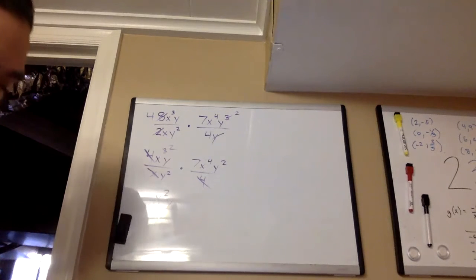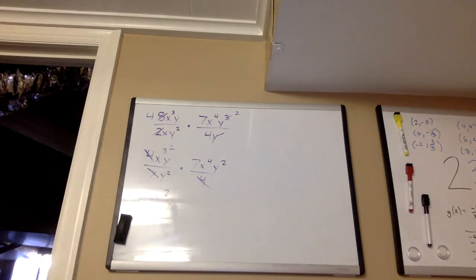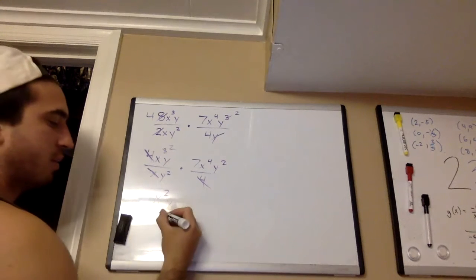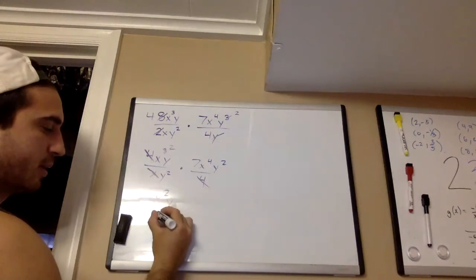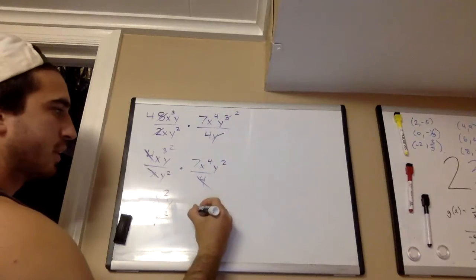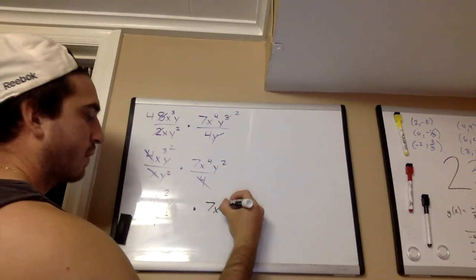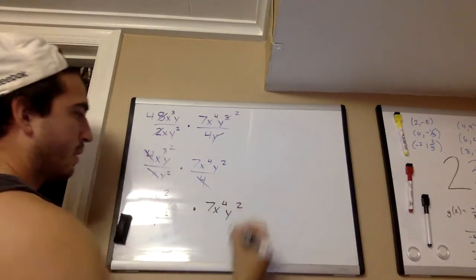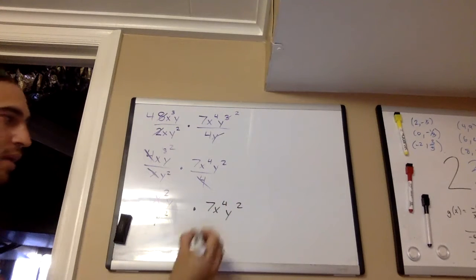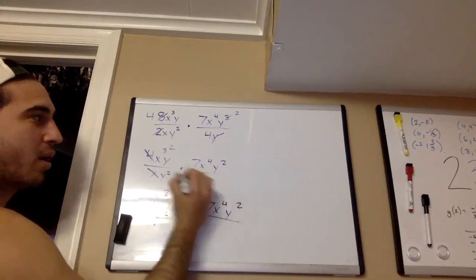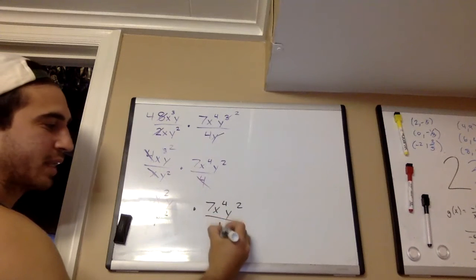Let me get a new marker because this one's running out. X squared over y squared times, and then this one we did not touch yet, so x to the fourth y squared. And since this is the only thing that canceled out, we could just say that there's a 1.